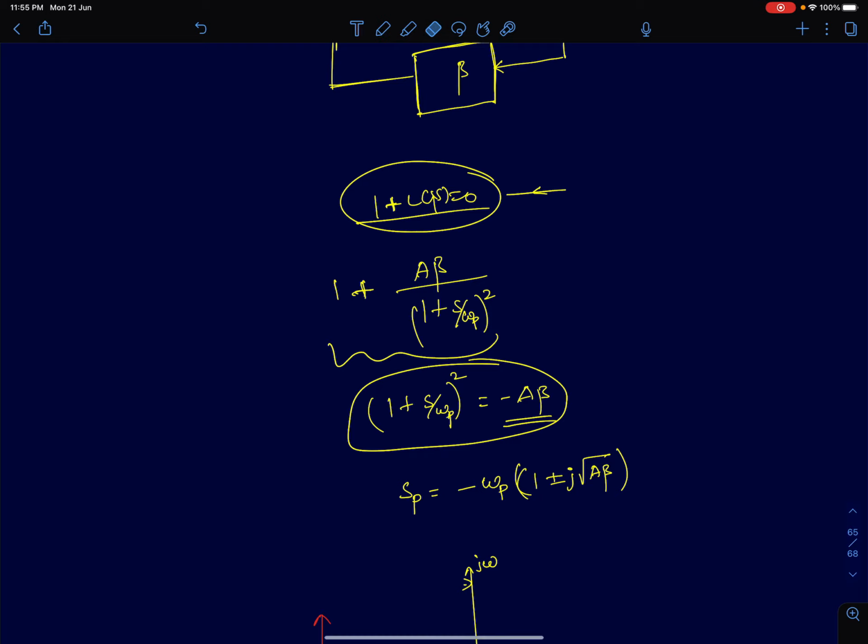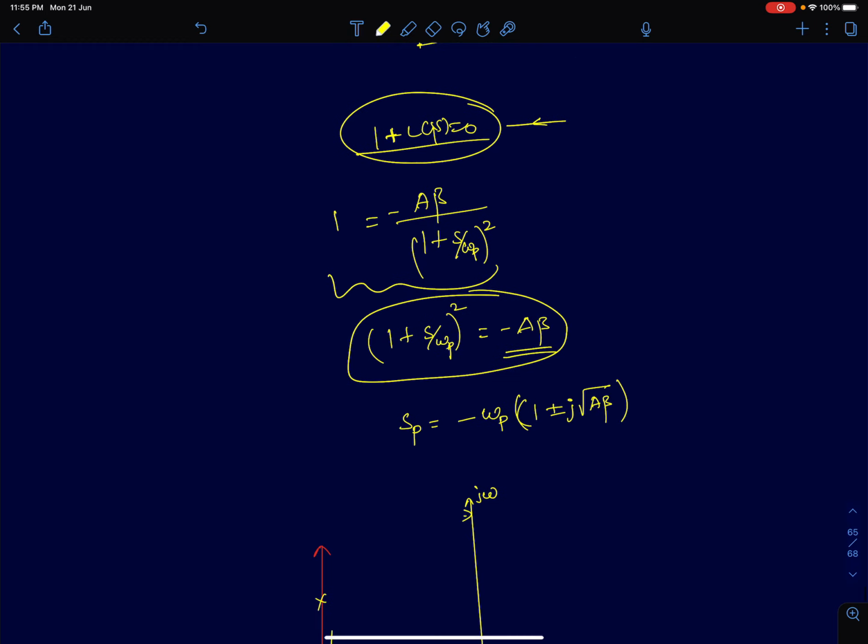Solving that, you'll get the expression (1 plus s by omega p) the whole square equals minus a beta. By just rearranging a few terms, you will get the expression for the pole as minus omega p into (1 plus or minus j times root of a beta). So it directly follows from this equation.